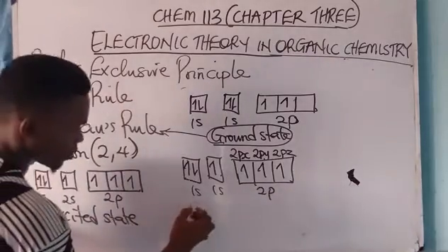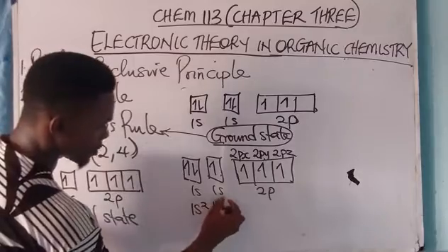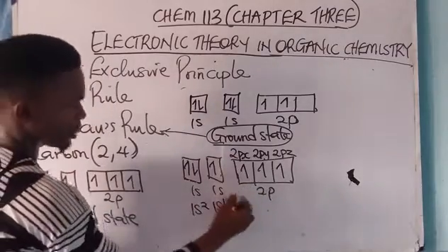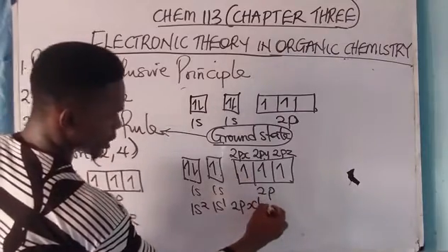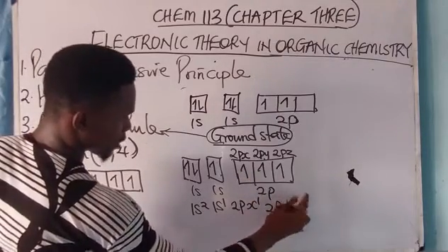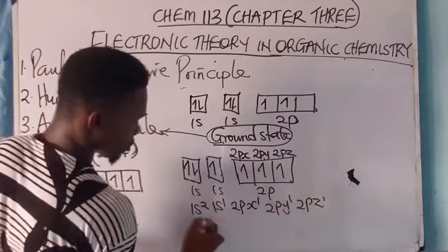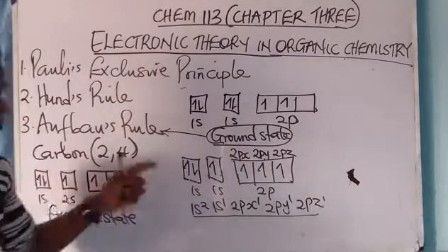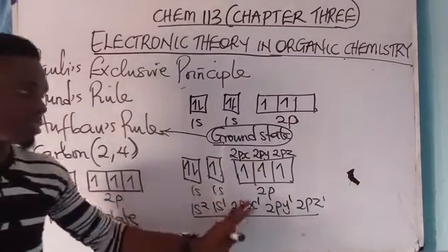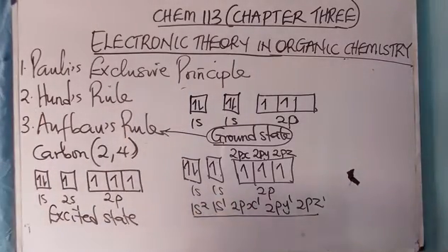Therefore, I can now say 1s2 because there are 2 electrons, then 2s1, then 2px1 because there's 1 electron, then 2py1, then 2pz1. So this is the excited state of carbon, which means that the ground state is due to Aufbau's rule, and the excited state is due to what? Hund's rule. So please take note of that. It is very, very important.